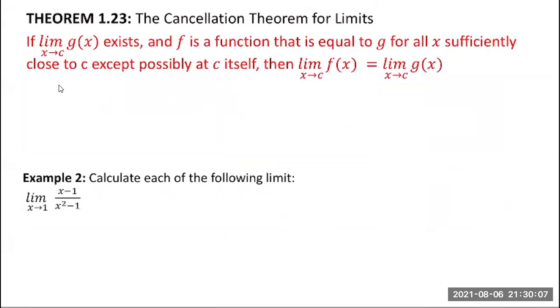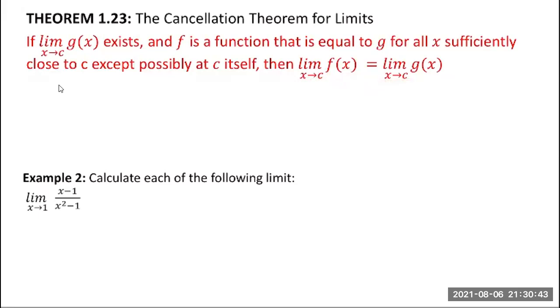Next, we have this theorem about cancellation of factors, theorem 1.23, the cancellation theorem for limits. Let's see what that tells you. If the limit as x approaches c of g of x exists, and f is a function that is equal to g for all x sufficiently close to c, except possibly at c itself, then the limit as x approaches c of f of x is the same as the limit as x approaches c of g of x.